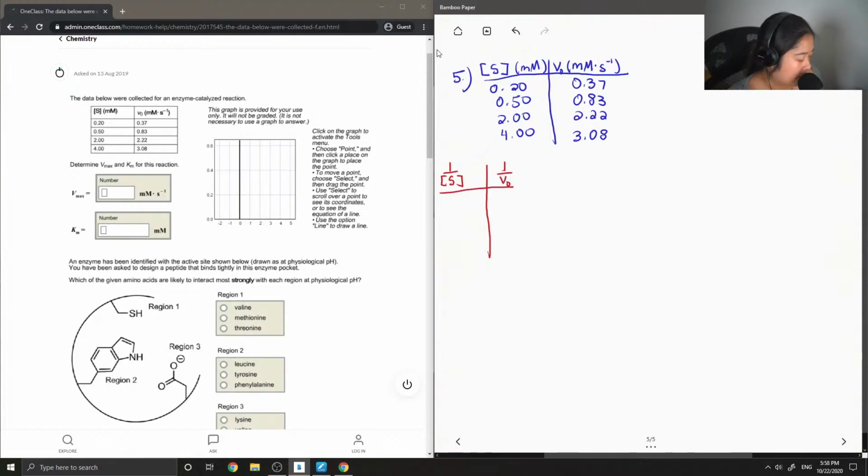And then if you were to do 1 over 0.2, you get 5. 1 over 0.5, you get like 3. 1 over 2 is 0.5, and then 1 over 4, 0.25. And let's look at the reciprocal of these ones. You get 1.16.